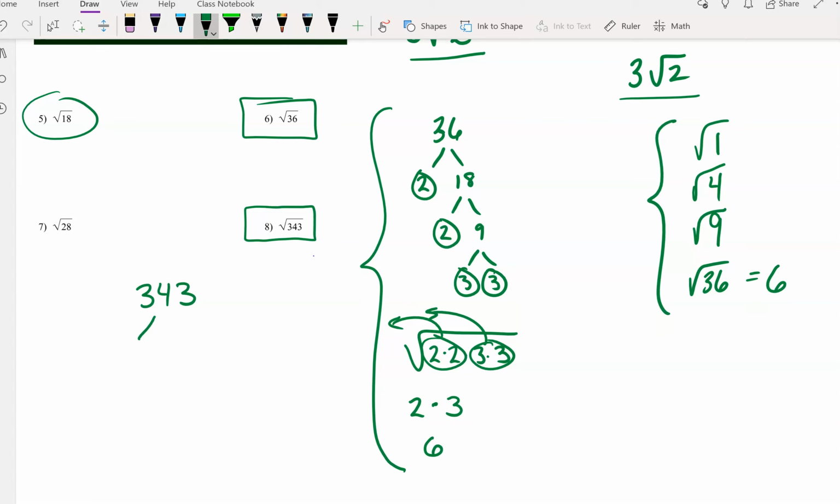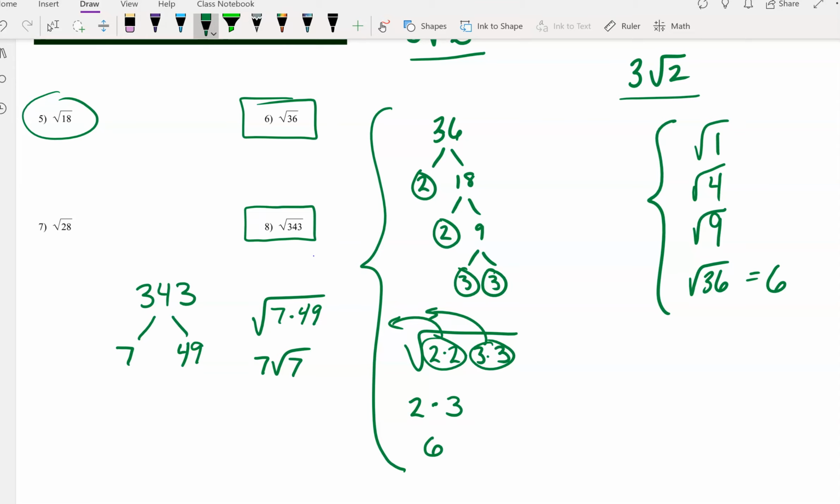I tried dividing by 7, and it turns out that 7 times 49 is 343. So I know 49 is a perfect square. So if I was doing this problem, I would change it to 7 times 49 and just take the square root of 49. And 7 root 7 is my answer.